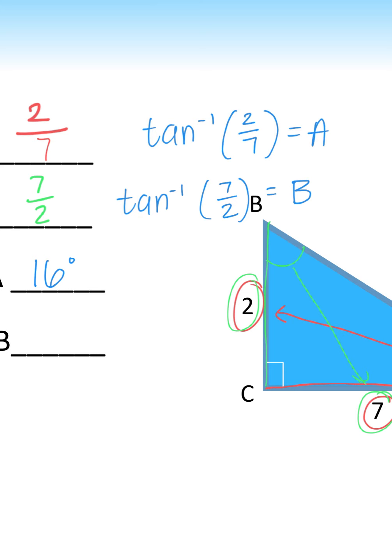So this A is 16 degrees, and B is going to be the tangent inverse of 7 over 2. So let's take the tangent inverse of 7 divided by 2.